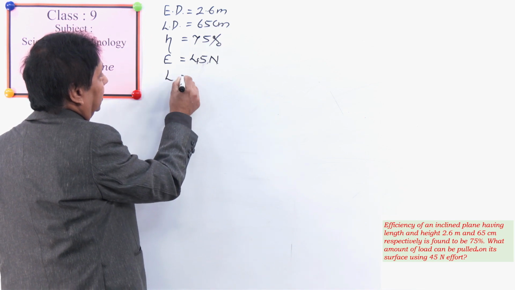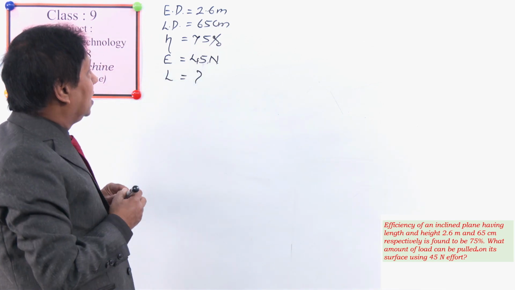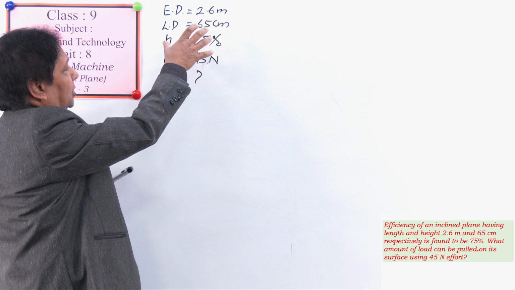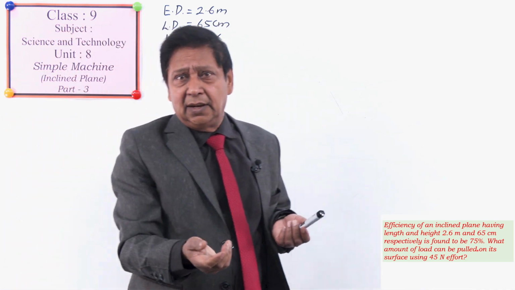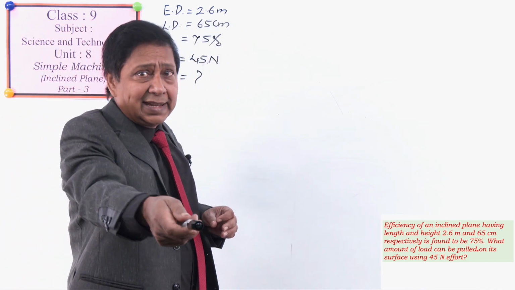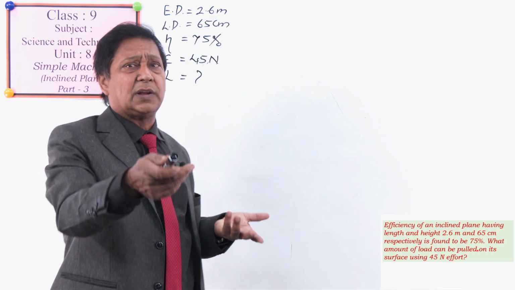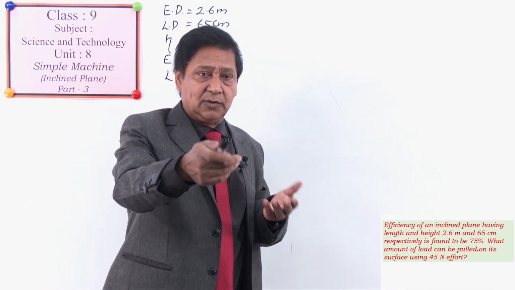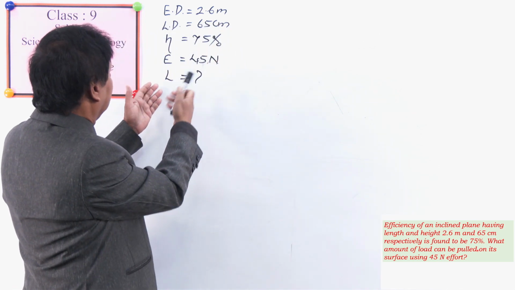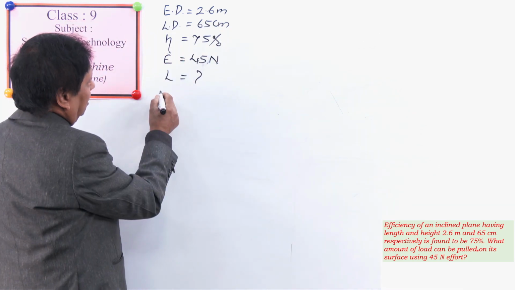Means load is the question. Now how can we solve this numerical problem? It's very easy. When we convert the sentence of the numerical problem into mathematical form, then we don't have to see the sentence in the numerical problem. Now looking at this, you can use this formula.